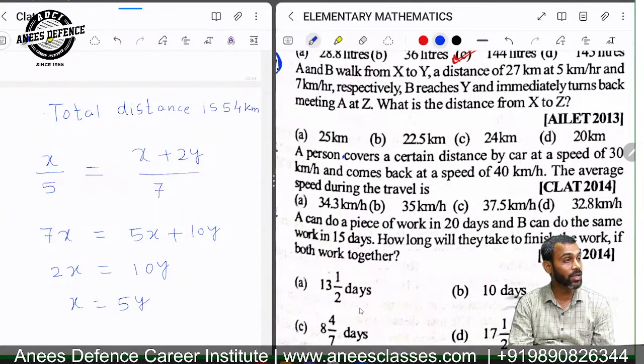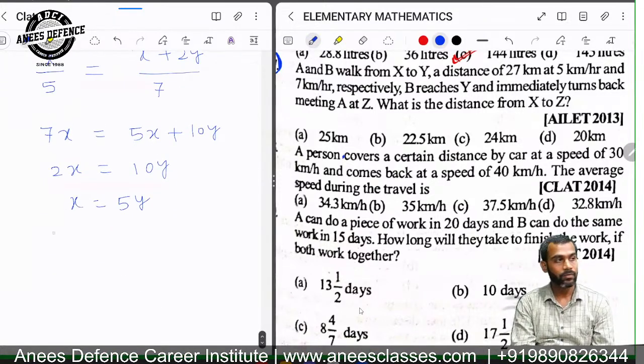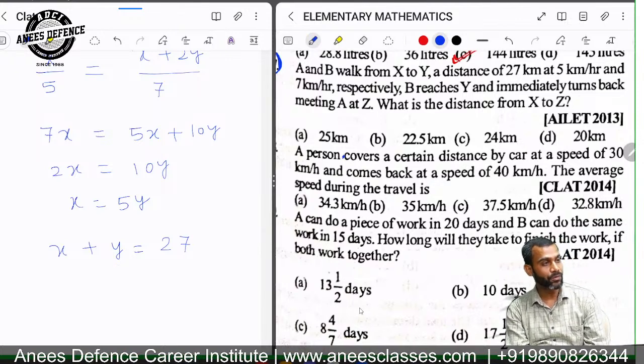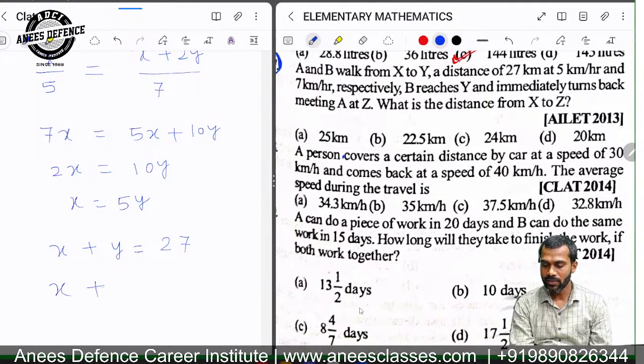And we already know x plus y is equal to 27. But we want x, so instead of substituting the value of x, just substitute the value of y in terms of x. So x plus x by 5 is equal to 27. Yes or no?